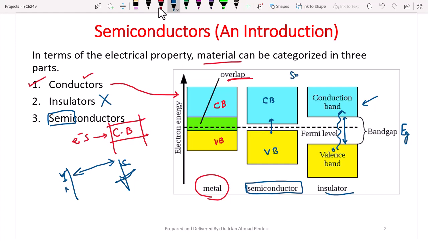So whenever an external voltage is provided, there is the possibility that we can shift the electrons from the valence band to the conduction band, and once we have electrons available in the conduction band, it will start conducting. So a semiconductor is an in-between material that can act as an insulator at 0 Kelvin temperature, and it can also behave as a conductor if we apply the proper voltage and techniques like doping. Then semiconductors can conduct in a good way.